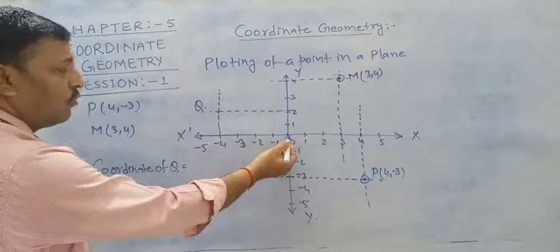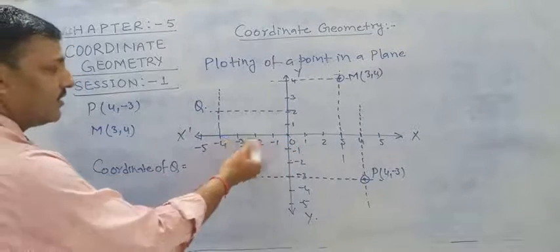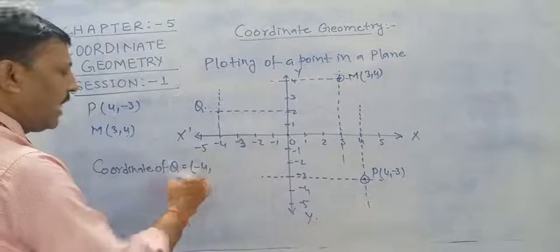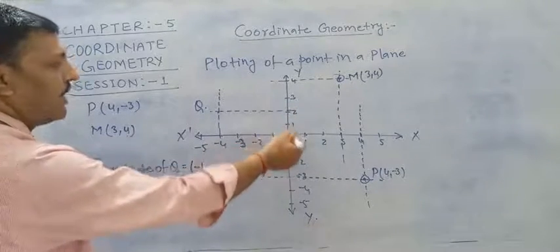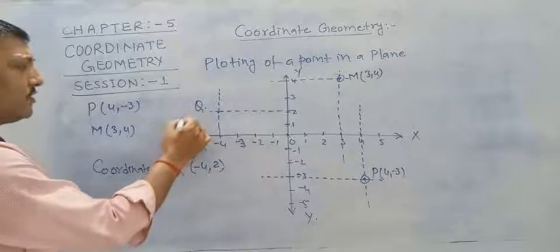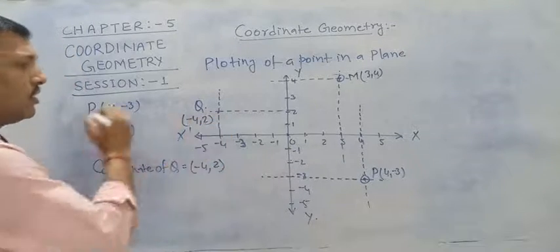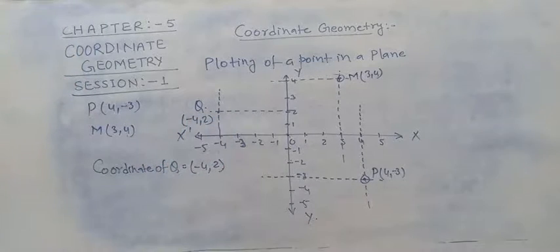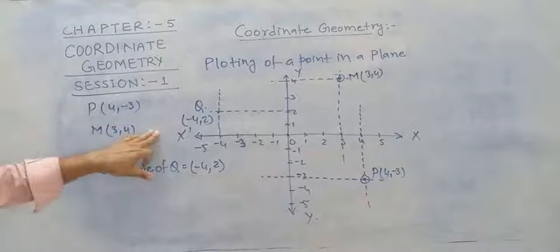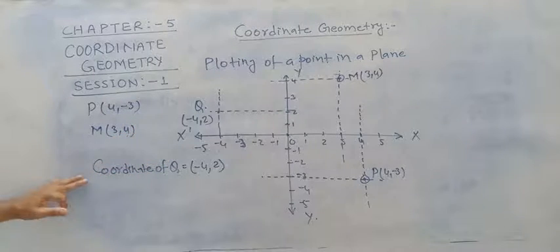From 0 we count the units on the x-axis. So this is 1, 2, 3 and 4, it is -4. And we count the ordinate on the y-axis, 1, 2. So this is 2 units. So -4 and 2 is the coordinate of the point Q. In this way, we can easily locate a point in a plane and find the coordinates of a point in the given plane.